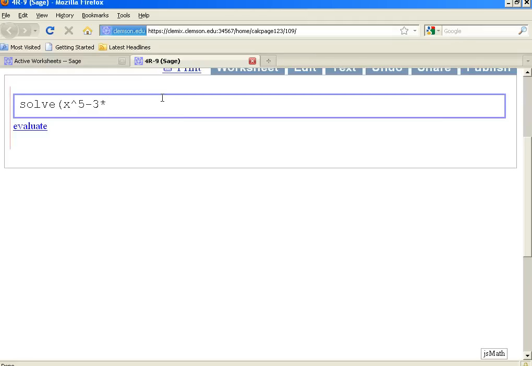It doesn't understand 3x to the 4th if you don't write the times symbol. So 3 times x to the 4th is like that, plus 29 times x to the 3rd, and then minus 77 times x squared, and then minus 100 times x minus 50 equals 0.